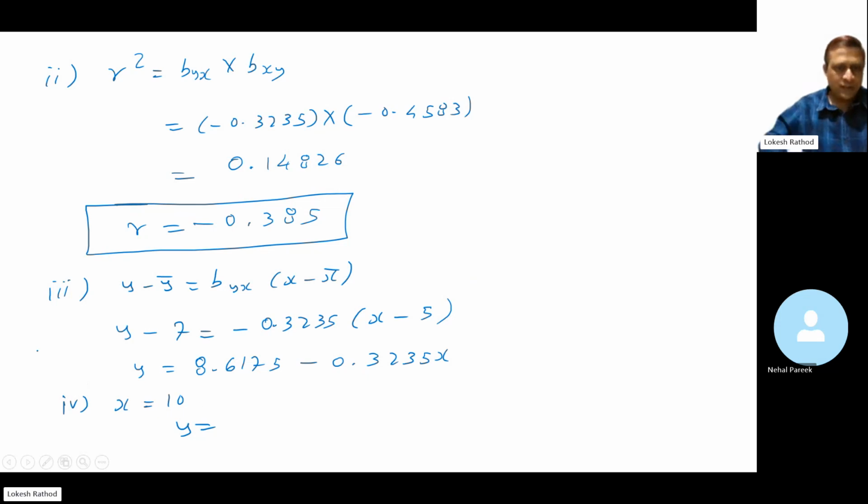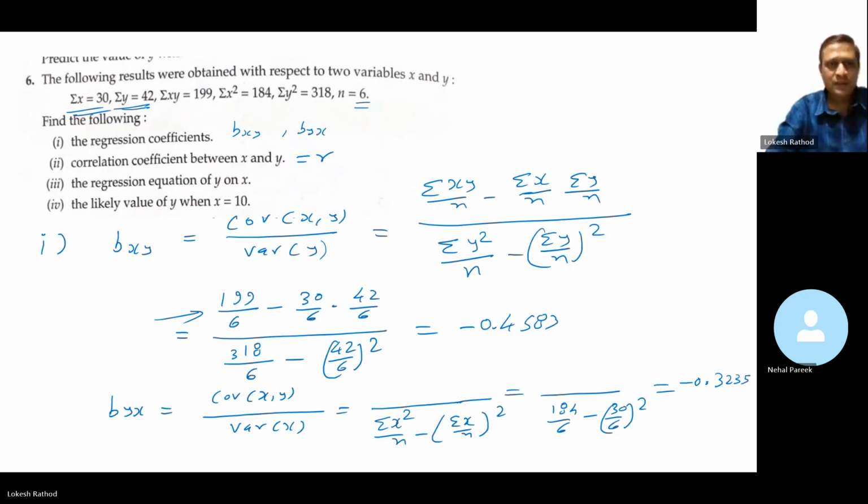And when you put x equal to 10, y is equal to 5.3825. So you are getting it now, right? It was also 5 point something, right? 5.38. Understood this question now?